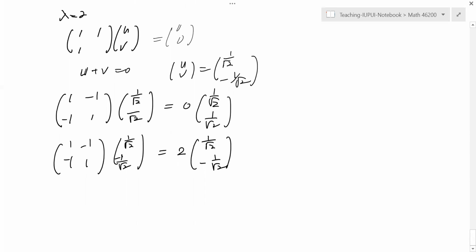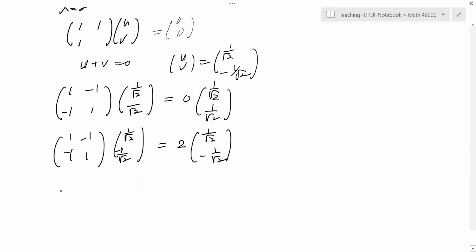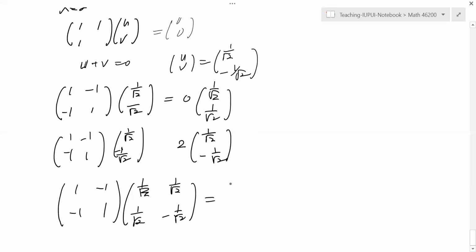So if you put it together, you are able to get, I think, 0, 0, 0, 2.